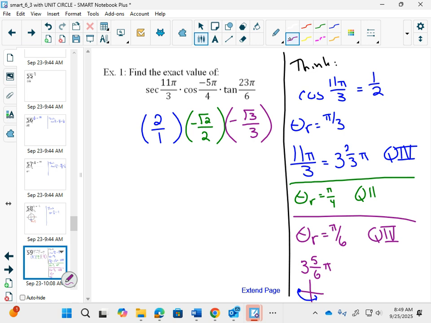Okay? How do you multiply fractions? You multiply the tops, you multiply the bottoms. If things can simplify, like 2 divided by 2 is 1, I would do that right away. We have to remember that a negative times a negative is positive. How do you multiply square roots? Right? Square root of 2 times square root of 3? Are you allowed to do that? Can you do that? What's the answer?